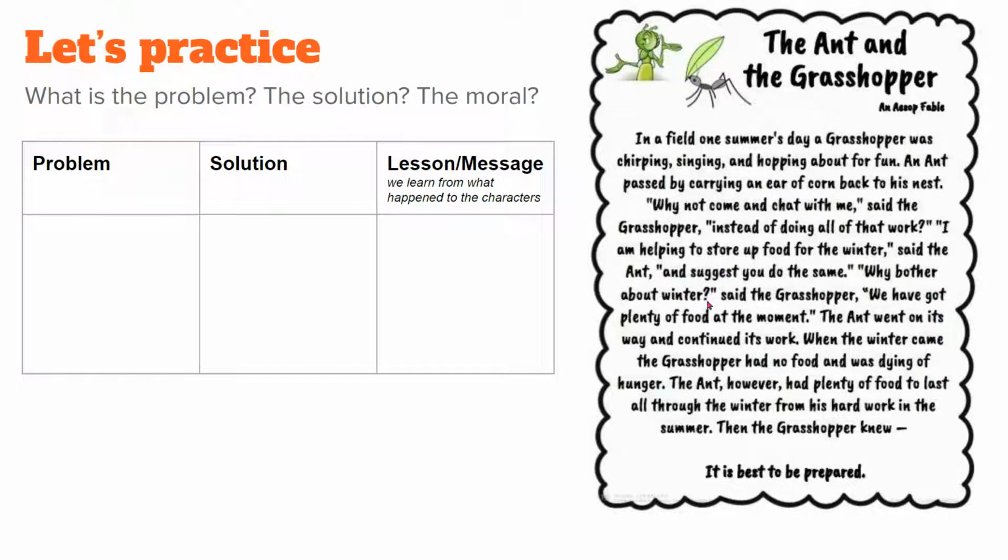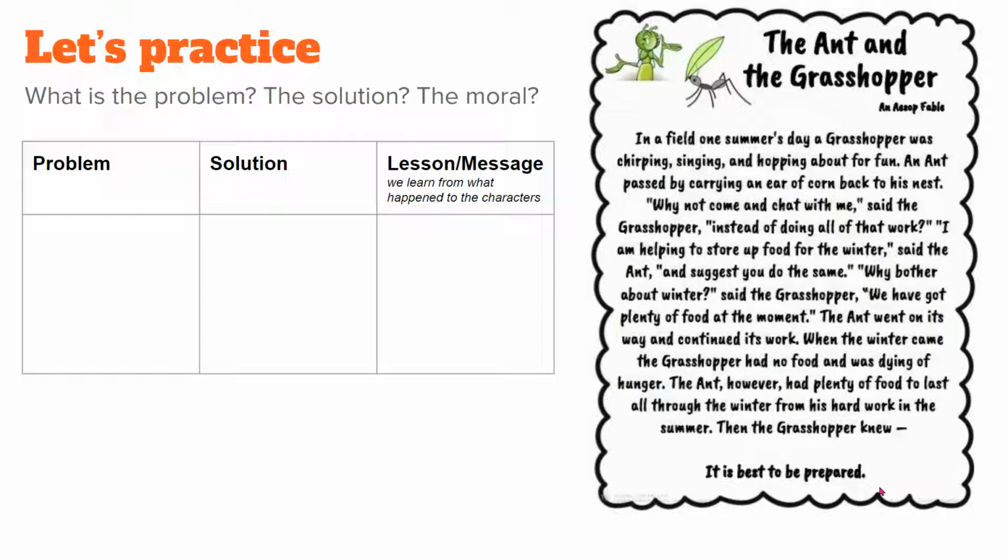"Why bother about winter?" said the grasshopper. "We have got plenty of food at the moment." The ant went on its way and continued its work. When the winter came, the grasshopper had no food and was dying of hunger. The ant, however, had plenty of food to last all through this winter from his hard work in the summer. Then the grasshopper knew. It is best to be prepared.